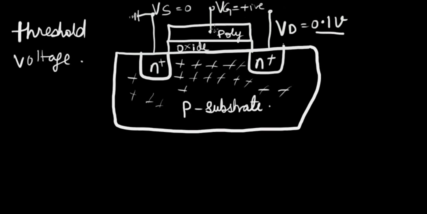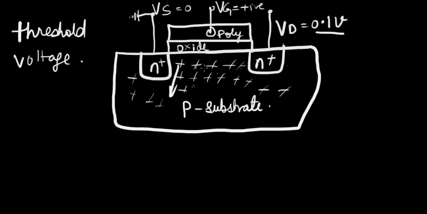What happens? When you give a positive voltage here, because of nature, similar charges repel each other and opposites attract, right? So because the gate voltage is positive, it will repel these holes from this area into this area.